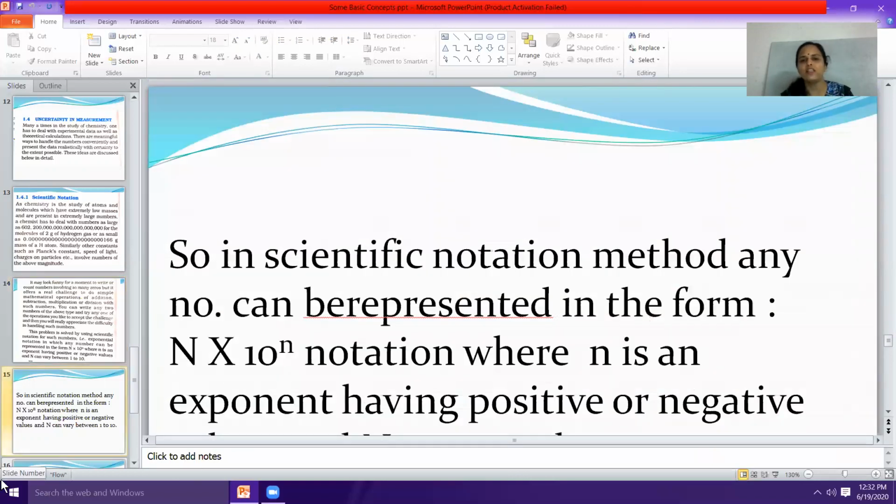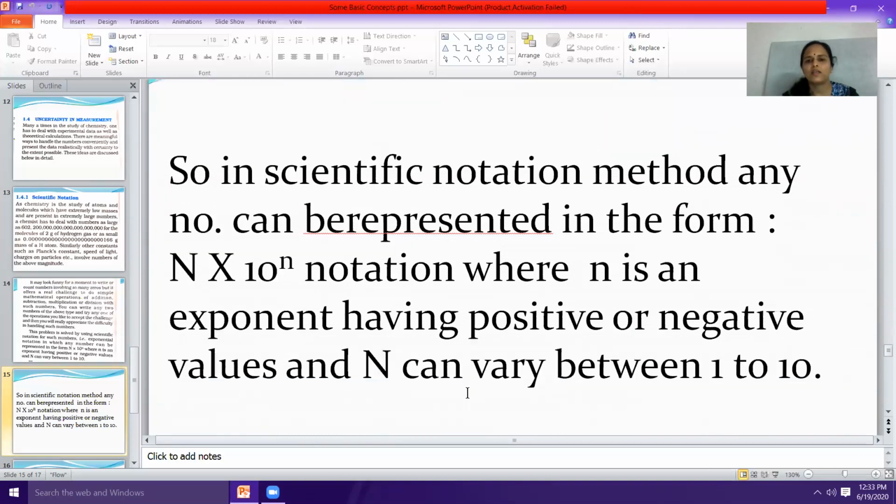So you see here in scientific notation method, any number can be represented in the form N into 10 raised to n notation, where capital N is the value that can vary between 1 to 10, and small n is an exponent having positive or negative values there. So let me express here on the board the scientific notation method.